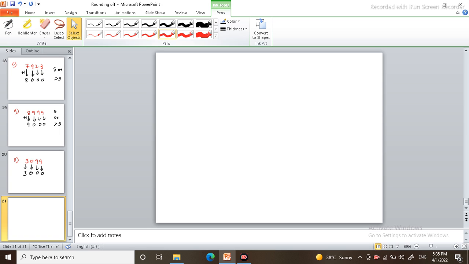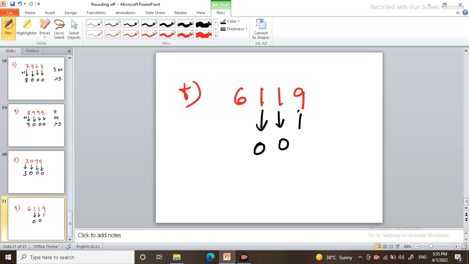Last example: 6119. In the hundreds place it is less than 4, so this will be 0 and this will be 0, and this will remain as it is. So 6000 is the answer.